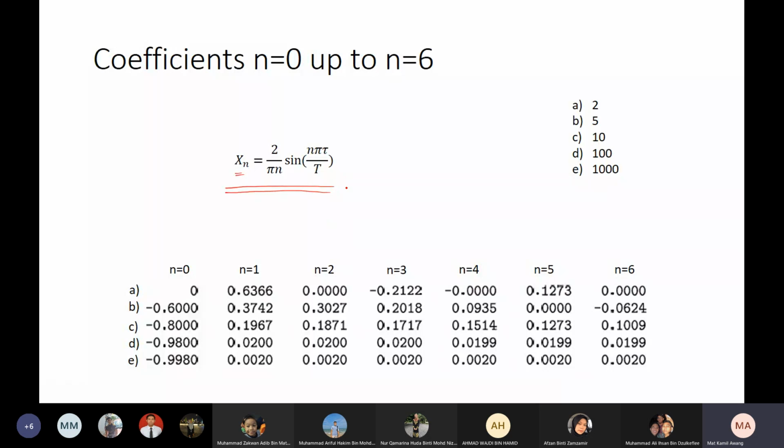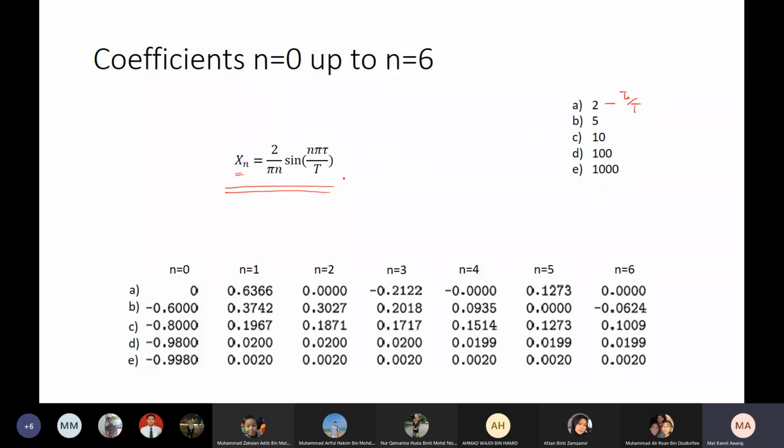If you calculate this, then you get all this. I calculated this, and for the first one this is actually the value of tau over T. So you can double check by substituting here when you do calculation.